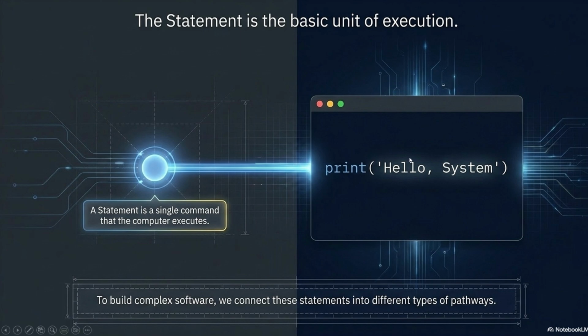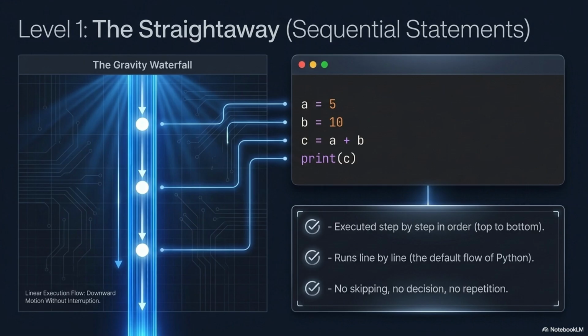Now we have some types of statements. Level 1, which is part 1, is sequential statements. They run line by line and are executed step by step in order from top to bottom. There is no skipping, no decision, and no repetition.